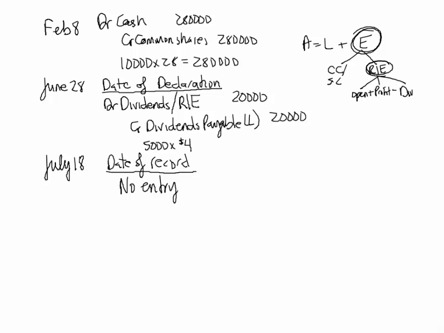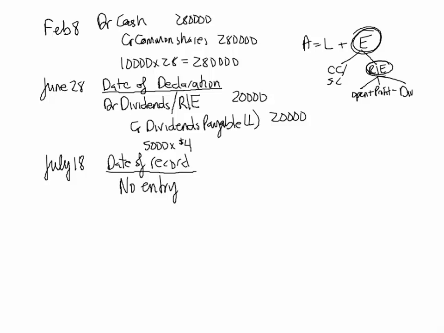Now, let's assume that somebody sells their shares on July 19th. Will they receive the dividend? They will. They will receive the dividend. Who receives the dividend is no longer based on the pay date.